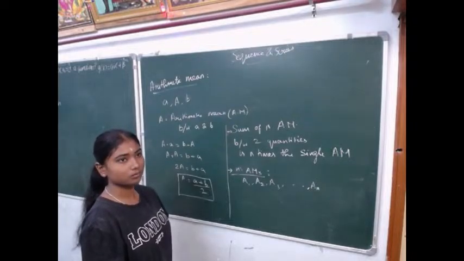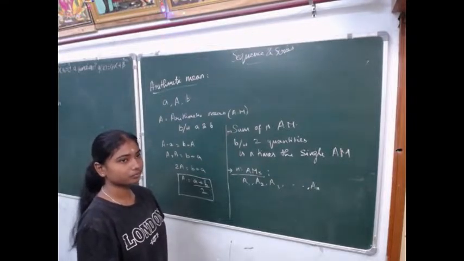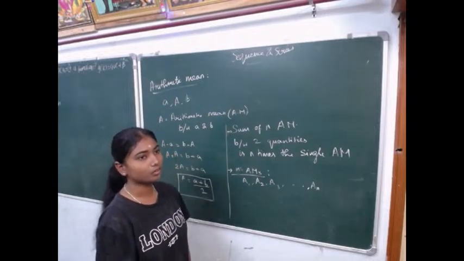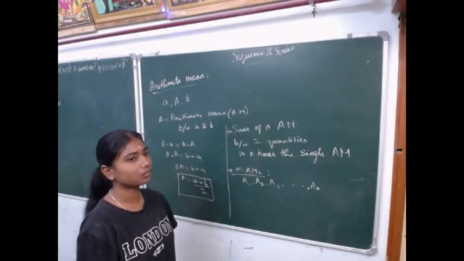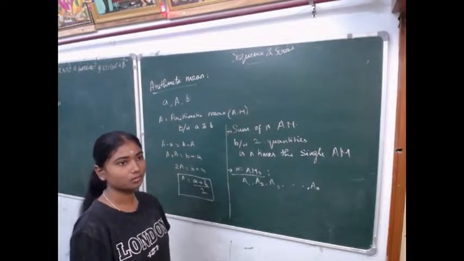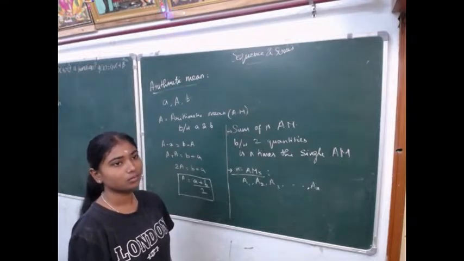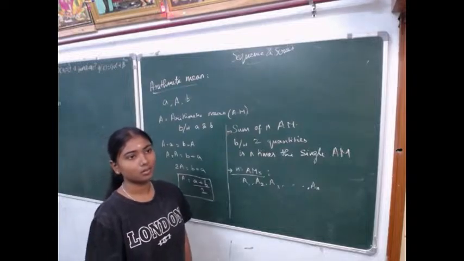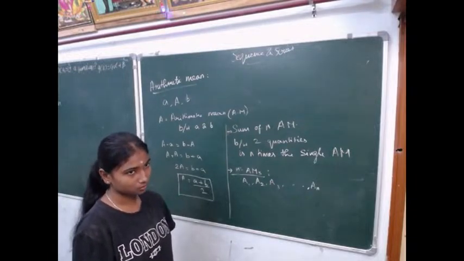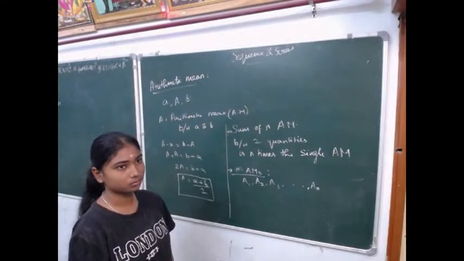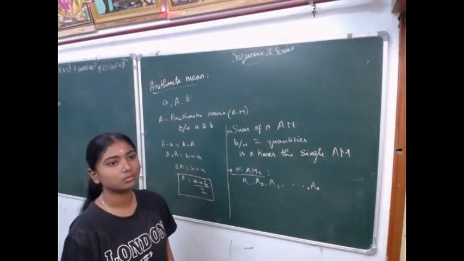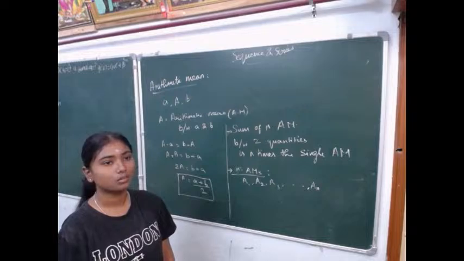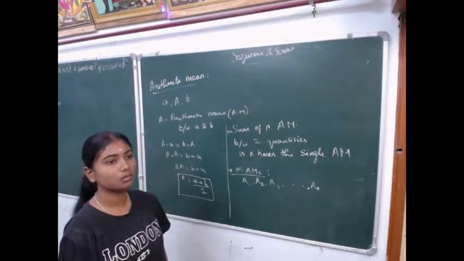Now let us take A1. What about the A1? This is nothing but a plus the common difference. That is equal to a, and this common difference is nothing but b minus a divided by n plus 1. Similarly, what is A2?